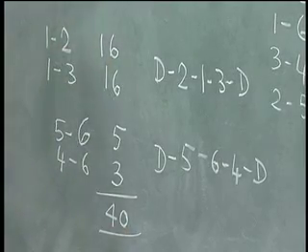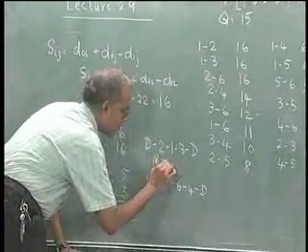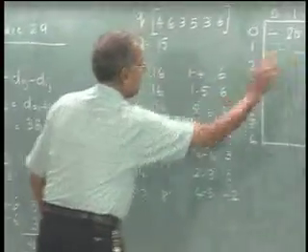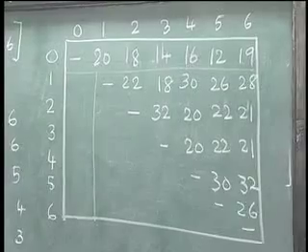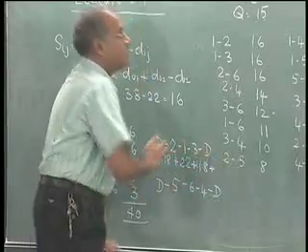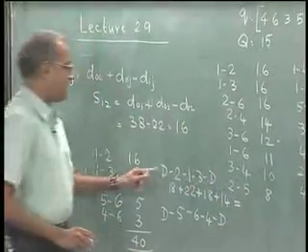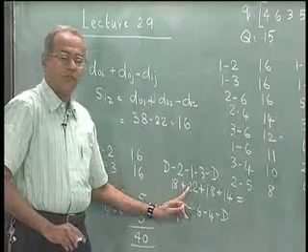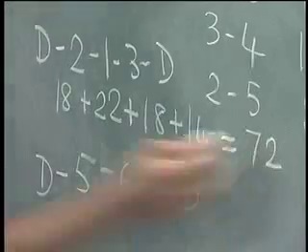What is the distance travelled? D to 2 is 18, here 1 to 2 is 22, 1 to 3 is another 18, plus 3 to D is another 14. So this travels a distance of 18 plus 22, 40, 58 plus 14, 72.